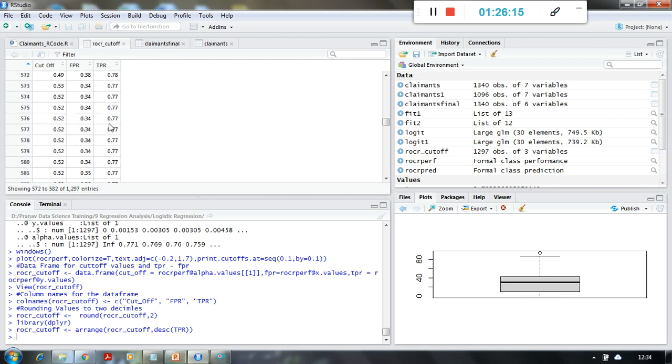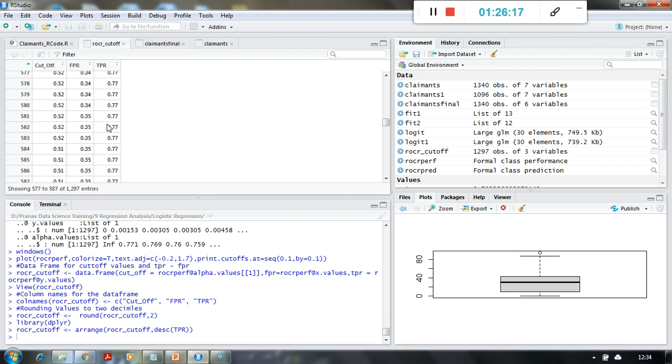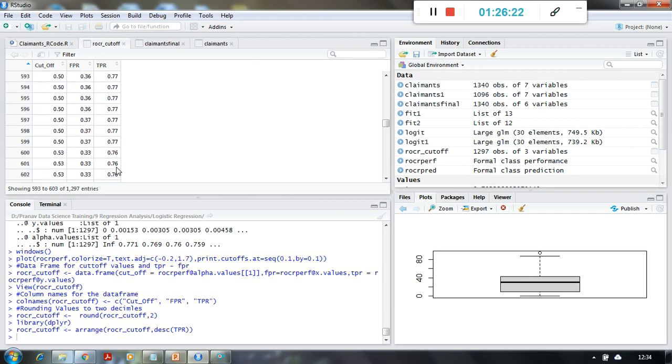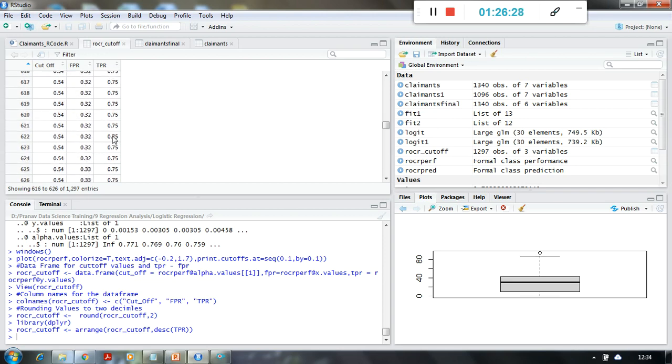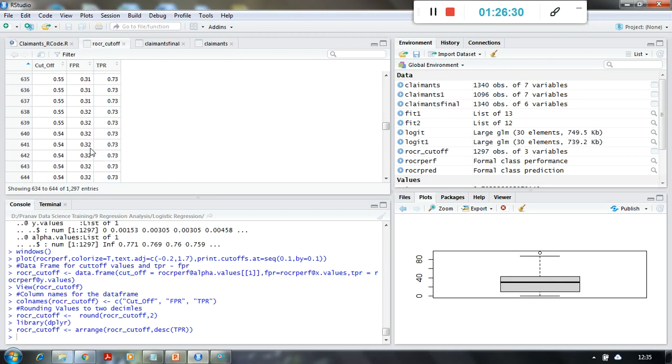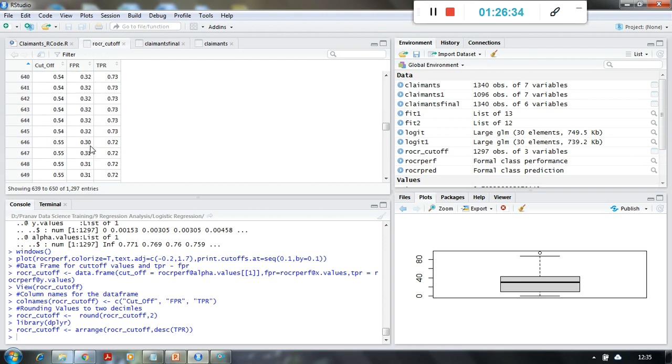So you may see the TPR is 0.7, 0.76, and you are getting 0.33 FPR, almost 32 and 75, 31 and 73, which is not bad.